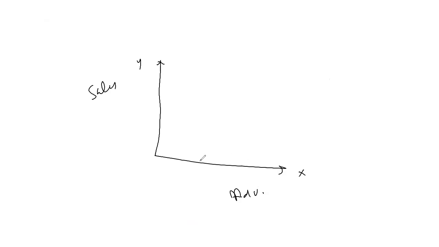So here in this example we have two variables. One is, now you can see, the variable x and another variable y. Sales is the dependent variable and advertising expense is this.